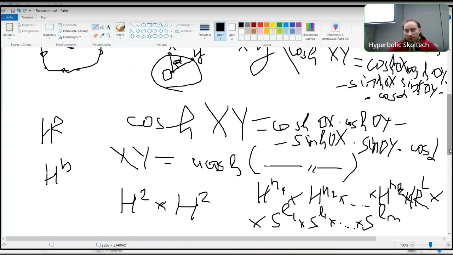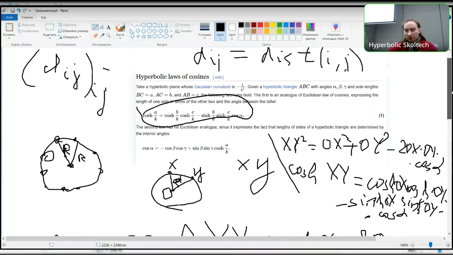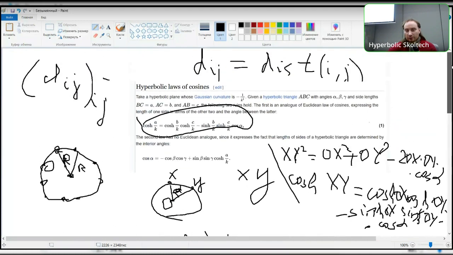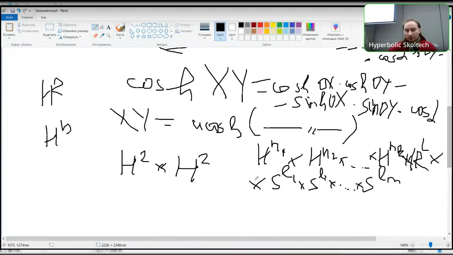So in these geometries we can do the same thing, and then compare our statistical distribution with what is prescribed from here.